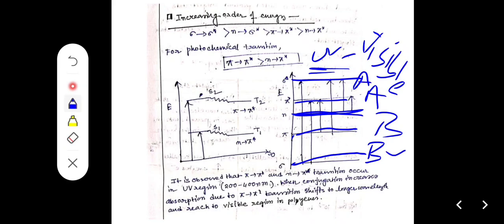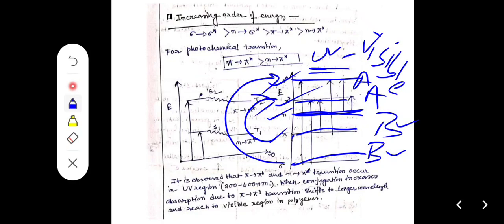Sigma and pi are bonding, n means non-bonding, pi star means anti-bonding, and sigma star is anti-bonding. If sigma is bonding, its corresponding sigma star should be anti-bonding. If pi is bonding, its corresponding pi star should be anti-bonding. And always remember, sigma and pi always exhibit bonding phenomena.